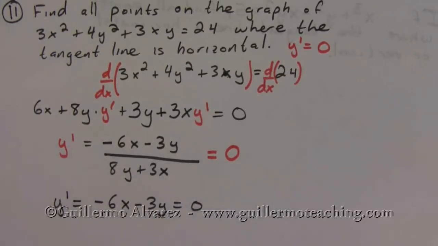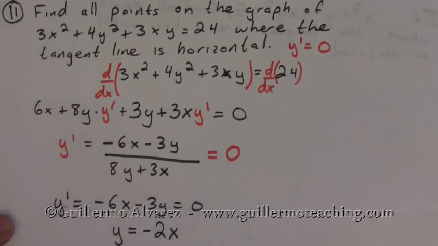When is this guy equal to 0? Well, this guy is equal to 0 anytime that y is equal to negative 2 times x.